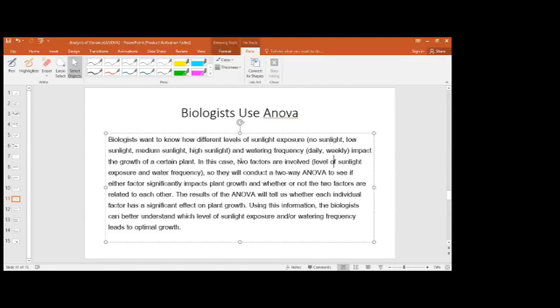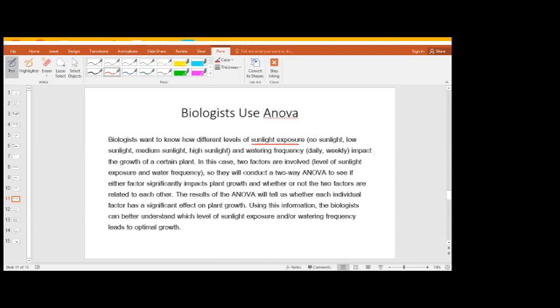In this case, two factors are involved: level of sunlight exposure and watering frequency. So they will conduct a two-way ANOVA because there are two factors. One factor is sunlight exposure, and the second one is watering frequency.